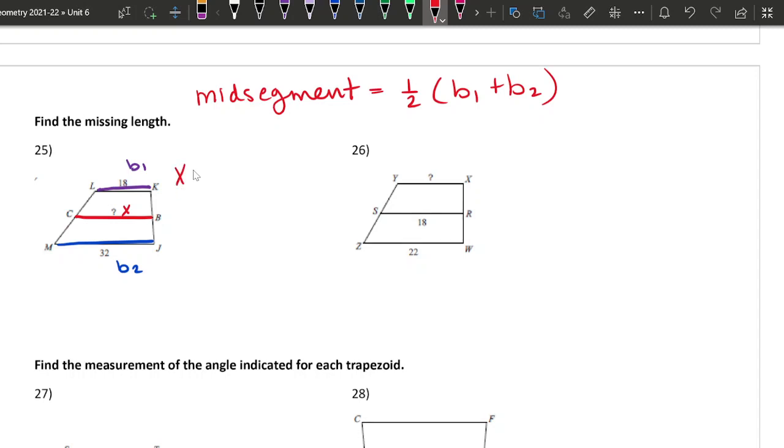So X equals 1/2 of B1 plus B2. All right, so X equals 1/2, B1 is 18, and B2 is 32.